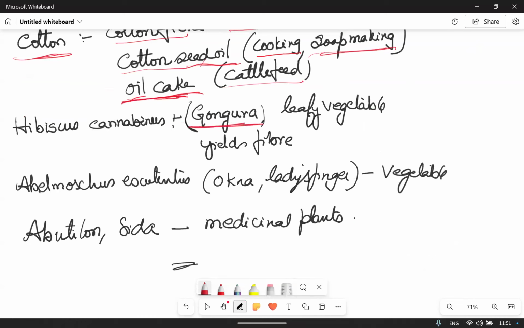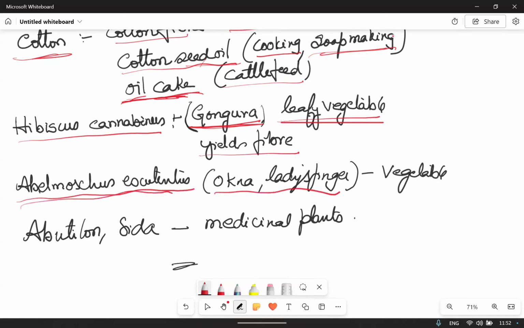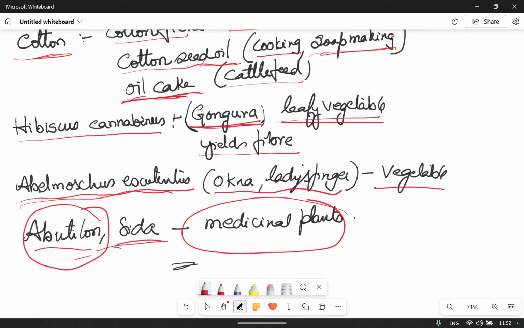And gongura, puntikura, that is Hibiscus cannabinus, we use as a leafy vegetable, and it yields fiber also. Lady's finger, bendi, okra, is a vegetable. Abutilon and Sida are medicinal plants. You know this Abutilon also, tutturu benda we call it. It is like a comb, and we can use the Abutilon fruit for combing our hair. But Sida and Abutilon are very important medicinal plants.